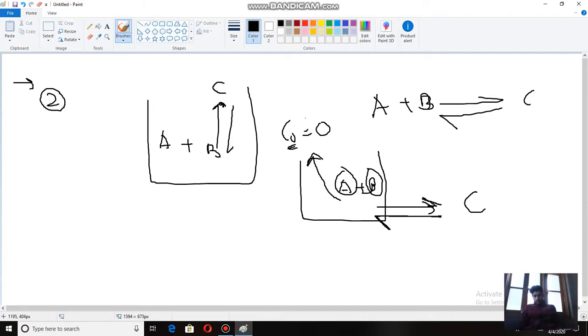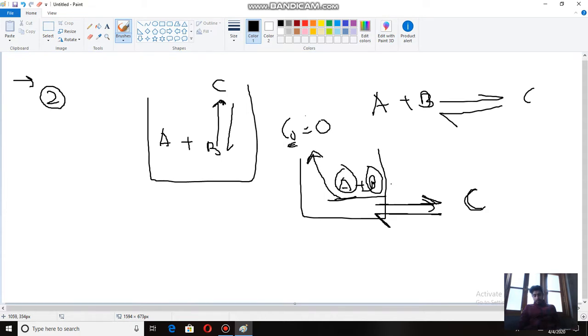I hope you know this. This C will try to decompose into A plus B back, and after some time the rate of this forward reaction, that means formation of C, will be just equal to the decomposition of C back. That means there will be a state of dynamic equilibrium.